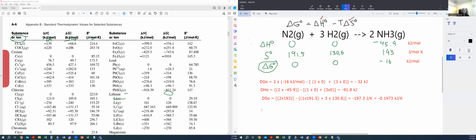So then, assuming 298 Kelvin, 25 degrees Celsius, I'll do this delta G in a different color.